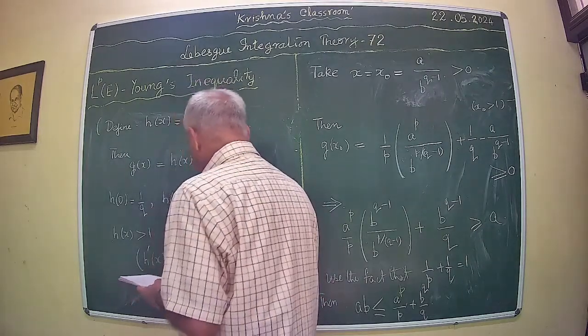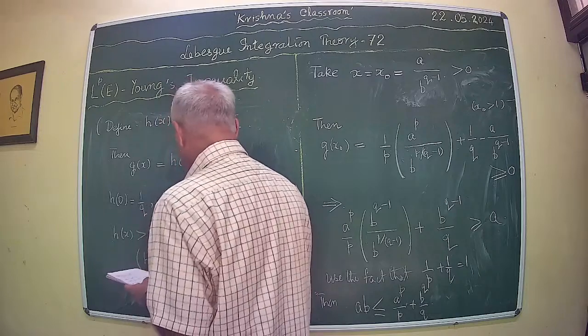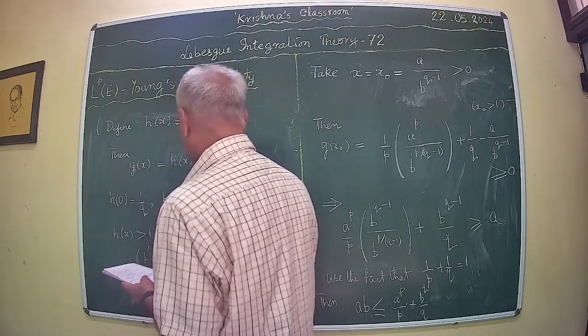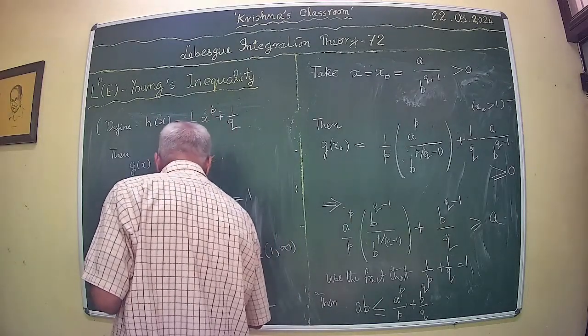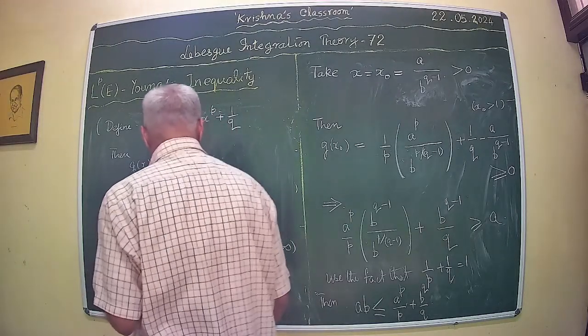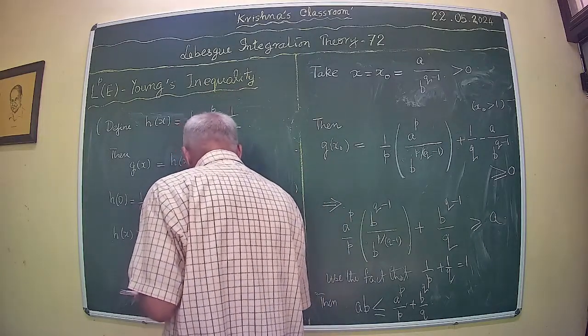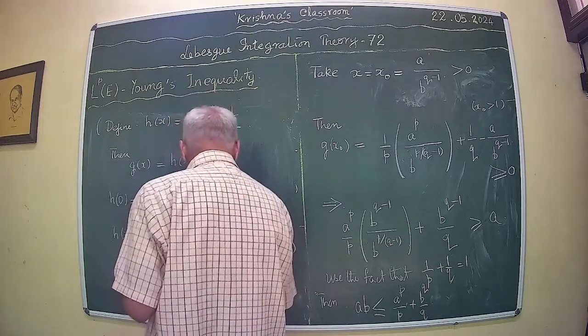What happens is this is some point h0 equal to 1 by q. It starts from 1 by q, which is positive. And then at 1, this takes the value 1.